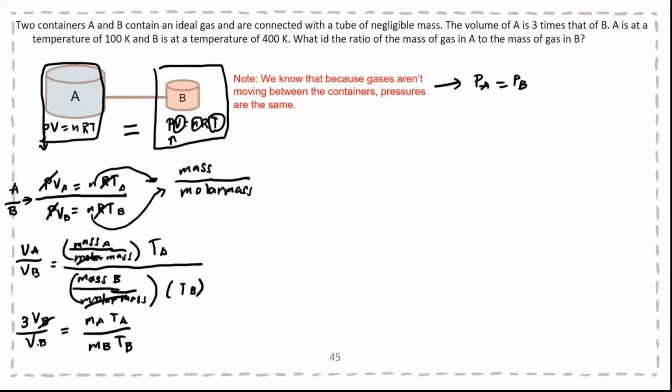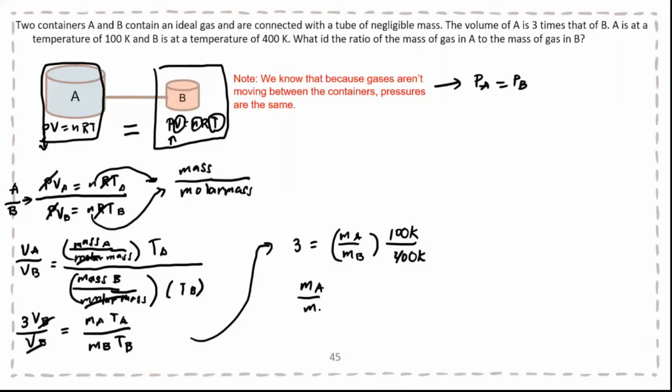Okay? Cancel na ulit to. So we are left with 3 is equal to MA over MB times TA over TB. Ito yung hinahanap. TA is 100 Kelvin over 400 Kelvin yung TB. So we have MA over MB is still 12.